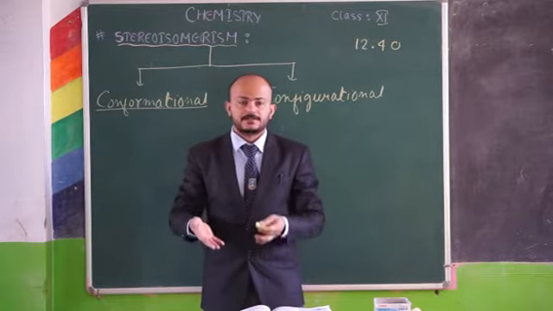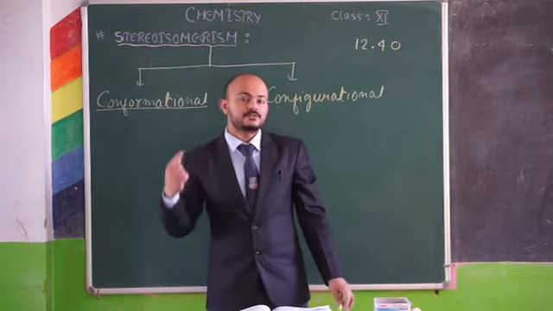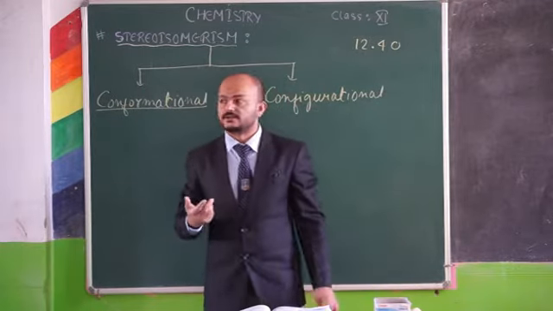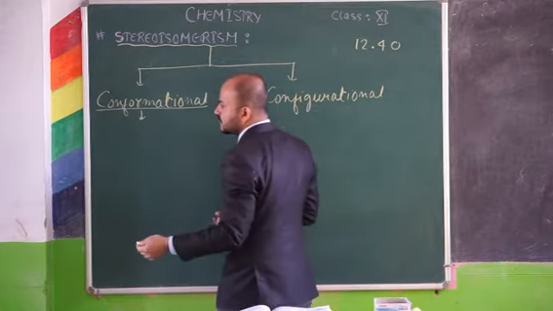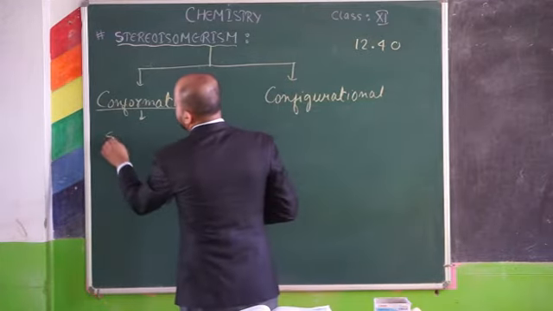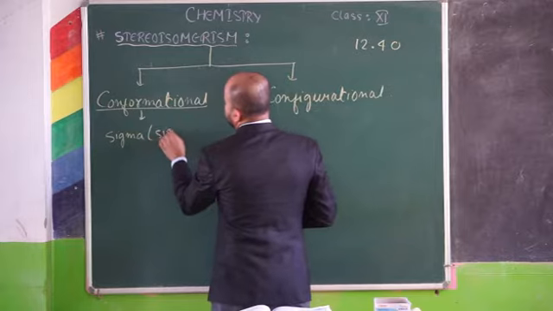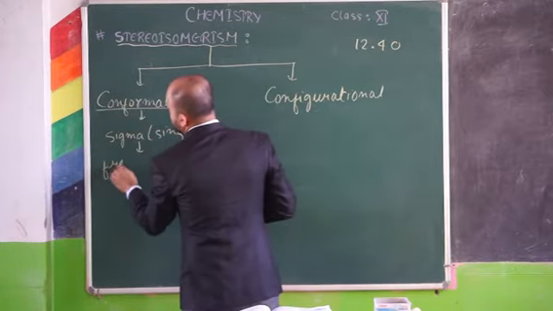Here, these structures are free to rotate. The different groups attached to carbon are free to rotate around the sigma bond. Conformational isomerism takes place in compounds which have sigma bonds only, that means single bonds, and in a single bond free rotation is possible.